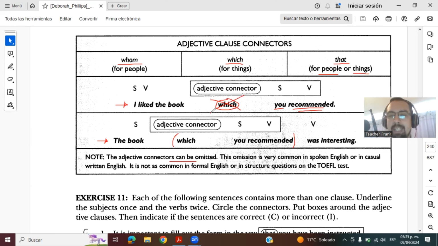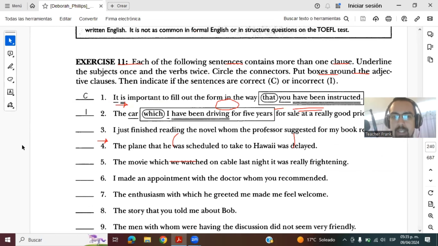We kind of get a taste of it with skill 10, where "but" is a connector and a subject. And we're also going to see it in skill 12, where the adjective clause is a connector and a subject. But here we could eliminate it, and it's good. I like the book you recommended, right? But it's not correct technically, okay? All right, so I think now we can go with the exercise.